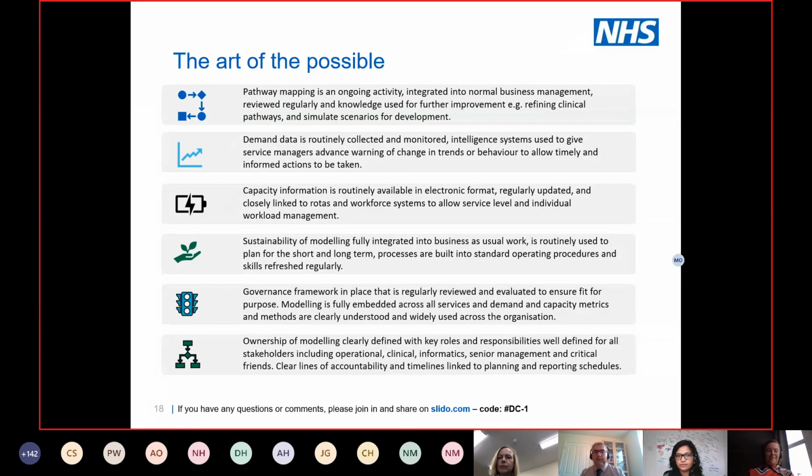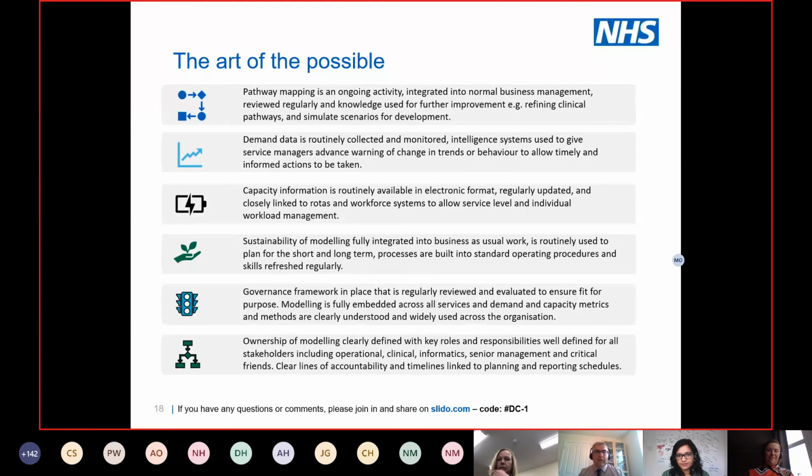Governance framework is really crucial, and having that in place in a way that it's reviewed regularly and evaluated to ensure it's fit for purpose for your organisation's needs. And that goes on with the modelling being fully embedded across all services, and the demand and capacity metrics and methods being really well understood and used across the organisation. And again, these will be covered in a lot more detail over the coming weeks.